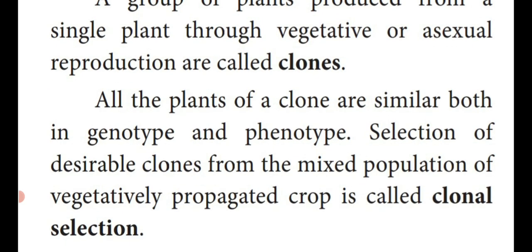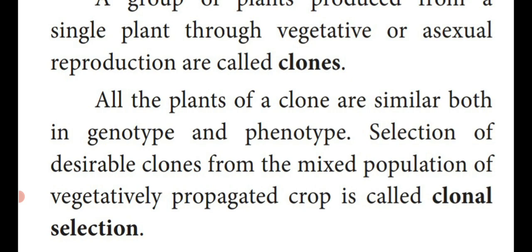Sometimes we select the desirable plant from a group of population. That selected plant from the mixed population is introduced into the vegetative propagation method, and we cultivate a large quantity of crops. This selection is said to be clonal selection.